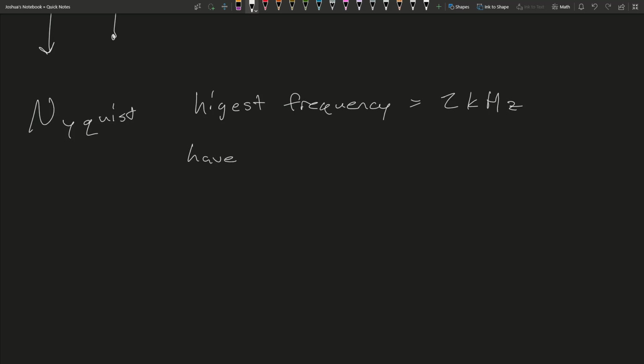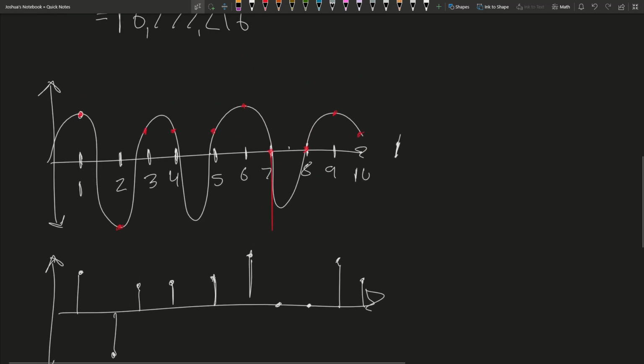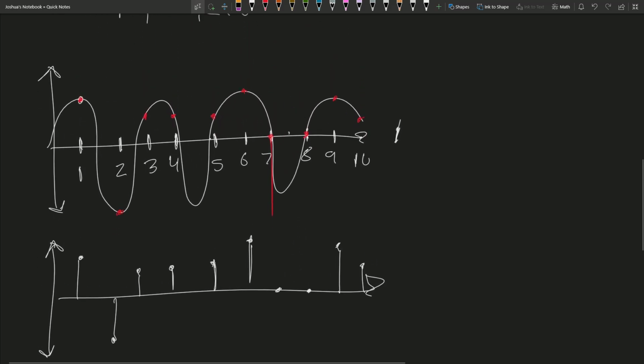I have to sample at 4 kilohertz. So this is 2. I have to sample at 2 times that rate in order to capture. We go back to our signal here. Well, let's just say this is an even signal.